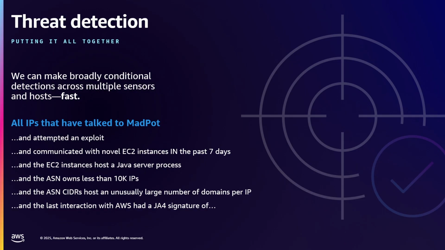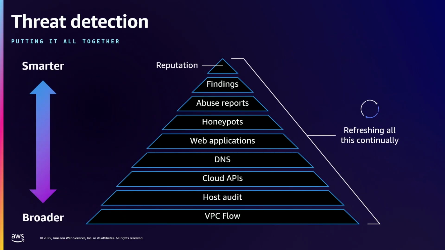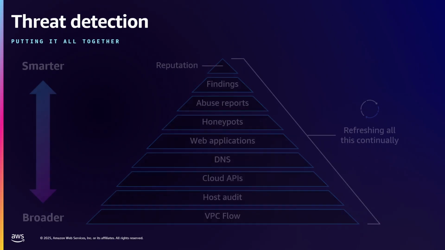And each of these conditions that we add to our detections actually make our detections faster the more specific that we go. And so we're refreshing all of these data sets continually, right? Machine speed, so that we can keep up with the real interactions that are happening in this very dynamic network space.